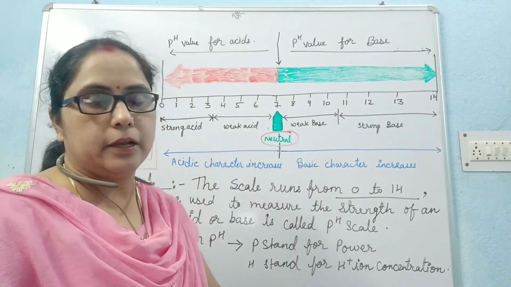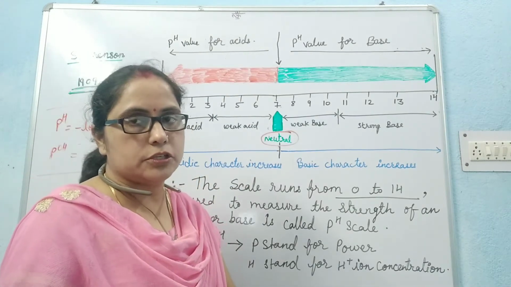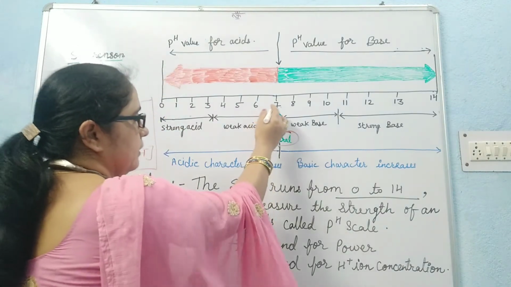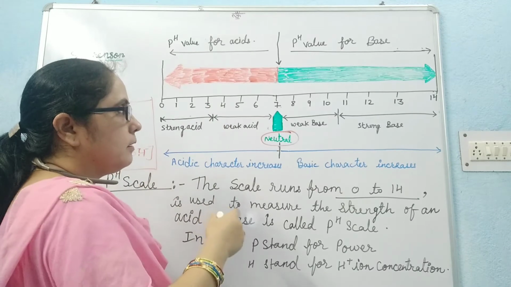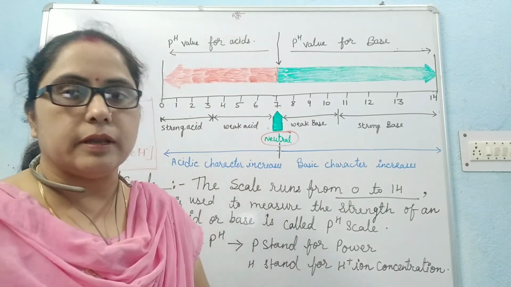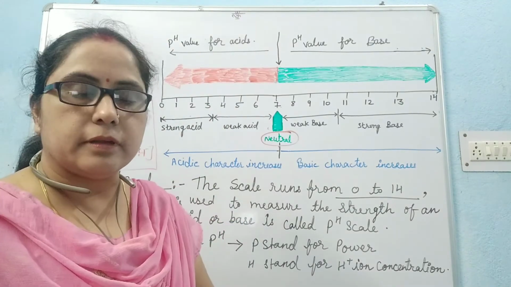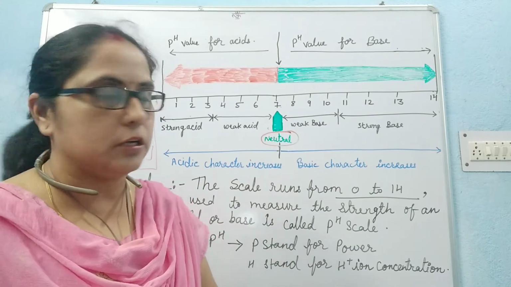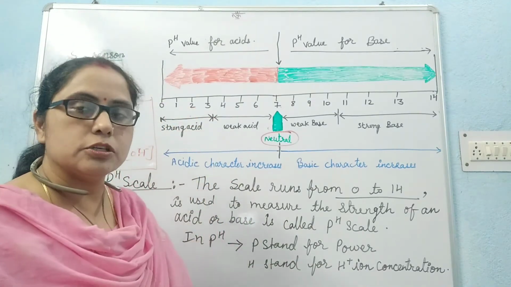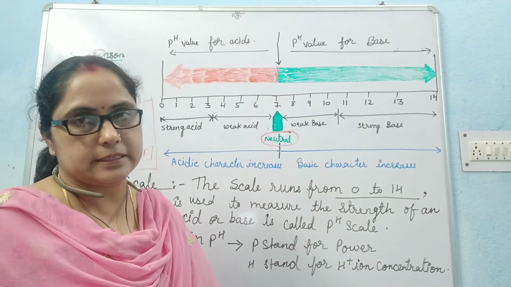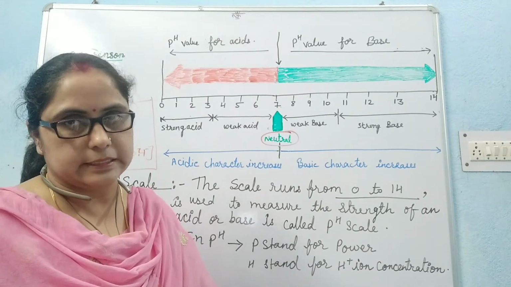If the pH value of a given solution is less than 7, either 6, 5, 4, 3, 2, 1, the solution will be acidic. If the pH value of a given solution is 0, 1, 2, 3, the solution will be highly acidic or strong acid.